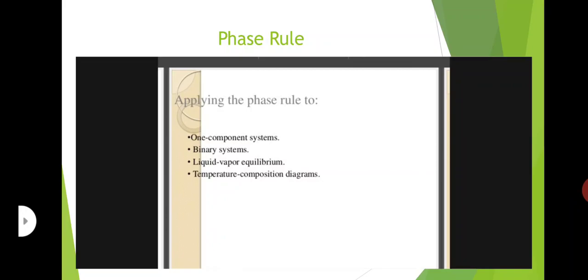Applying the phase rule to one component systems, binary systems, liquid vapor equilibrium, temperature composition diagrams, etc. This is the applications of phase rule. Mainly in these applications we have to discuss the water system, silver lead system, and NaCl water system, etc.